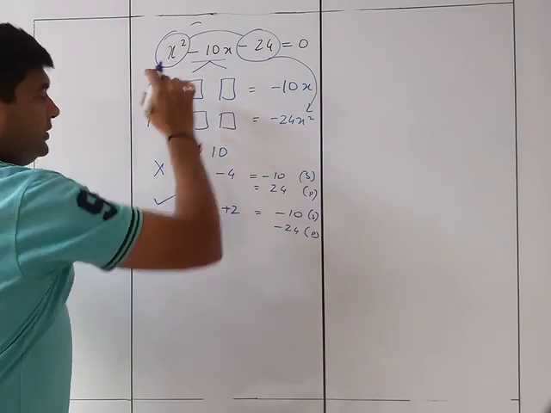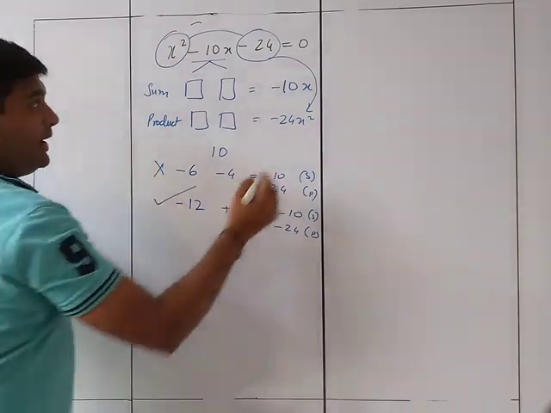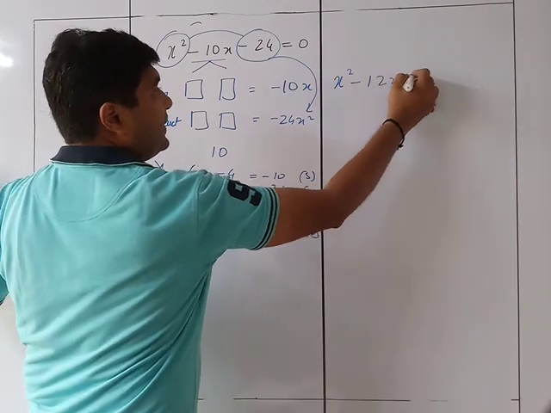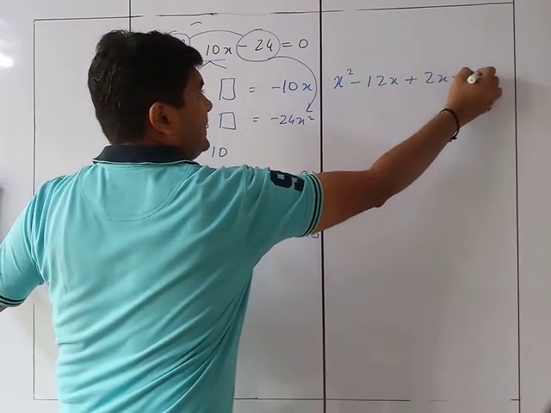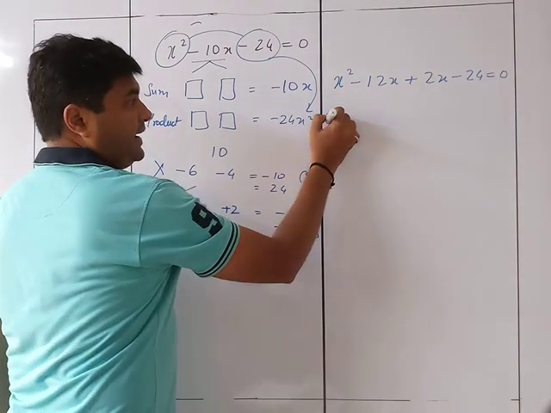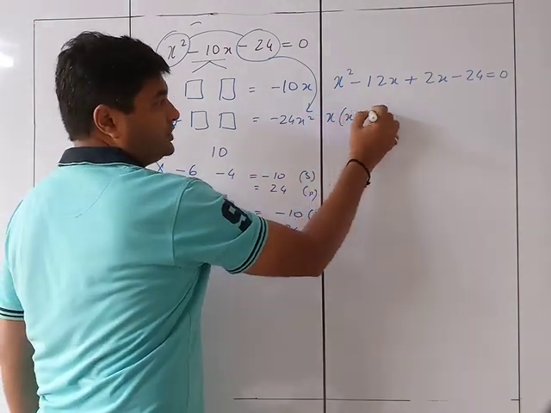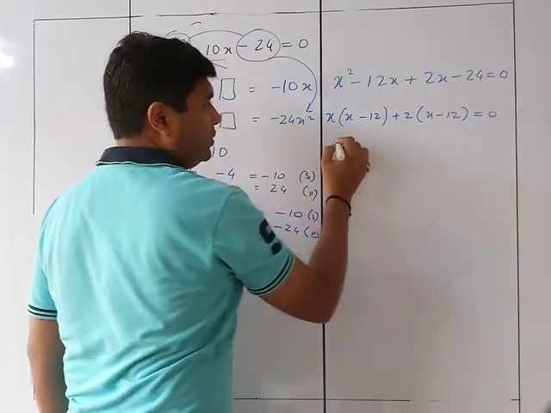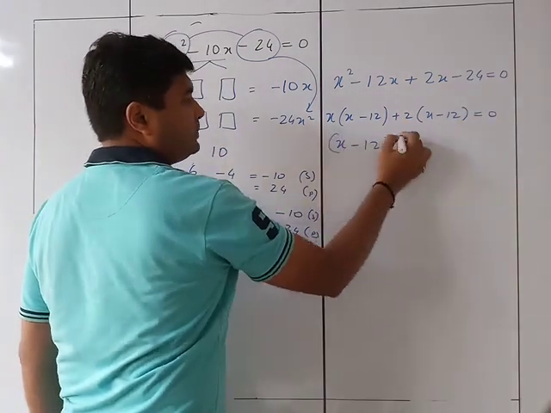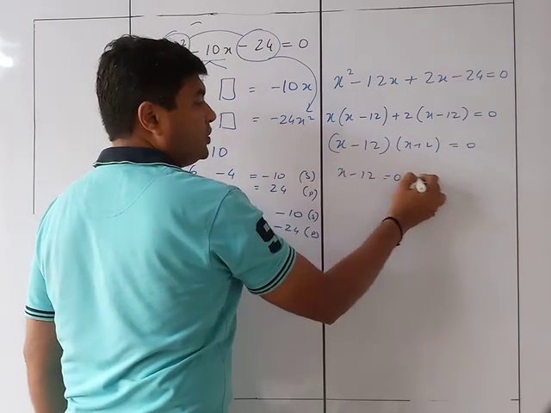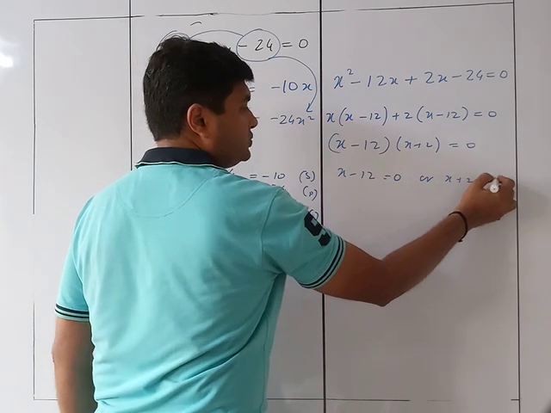Hence, this equation will become x square minus 12x plus 2x minus 24 is equal to 0. Hence, x into x minus 12 plus 2 into x minus 12 is equal to 0. So x minus 12, x plus 2 is equal to 0. x minus 12 is equal to 0 or x plus 2 is equal to 0.